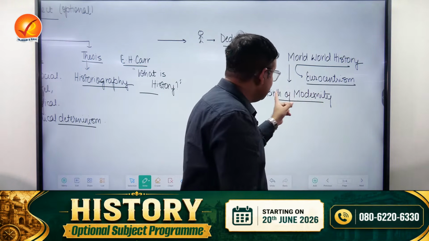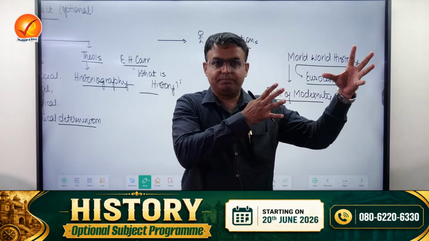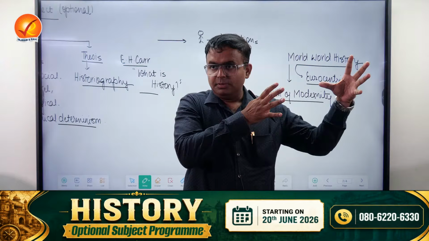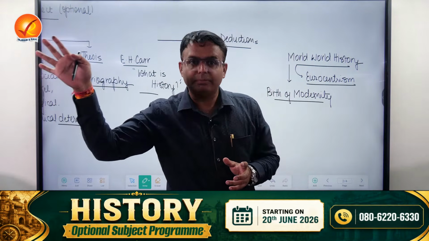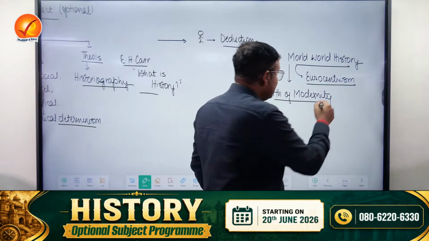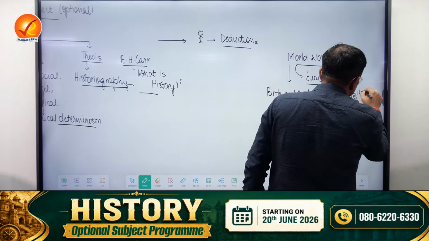So first we study the birth of modernity. We study first the intellectual change in Europe. We study the revolution of ideas first. Intellectual revolution before actual revolutions have come. 15th to 18th century in Europe is called the birth of modernity.